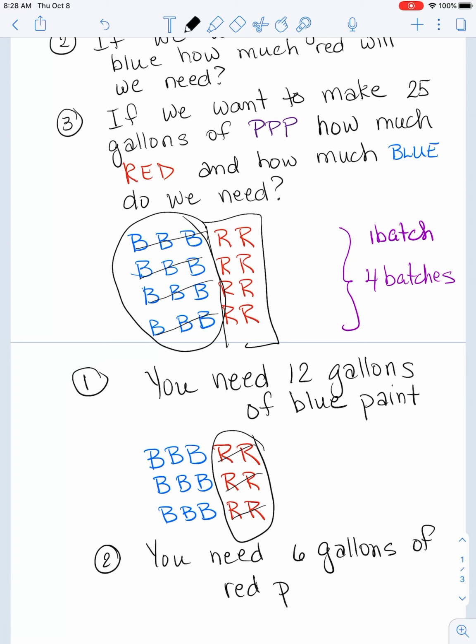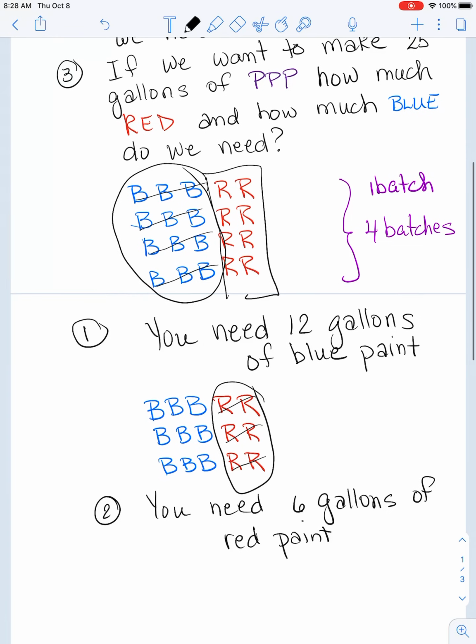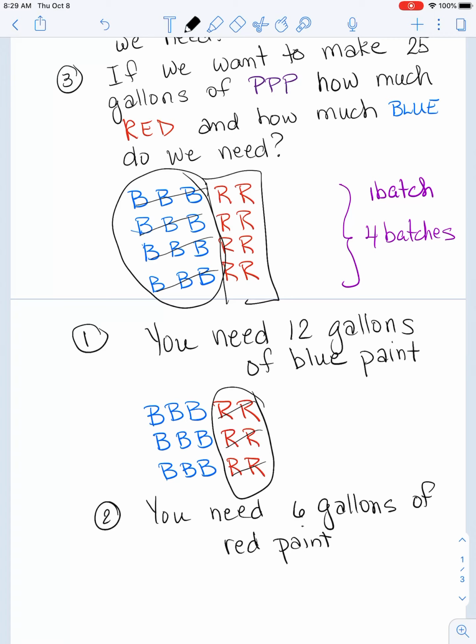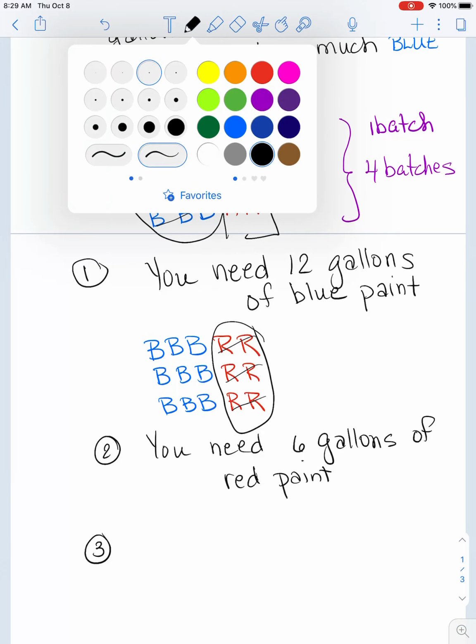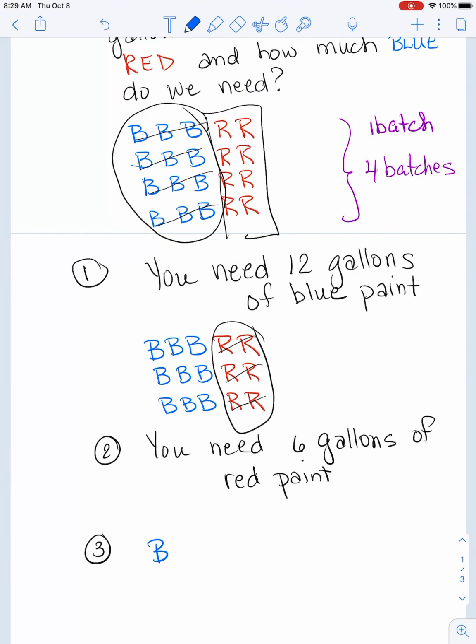And now our last question is, if we want to make 25 gallons of purple paint, how much red and how much blue will we need? Well, 25. How are we going to handle that? Let me look at my original pattern.